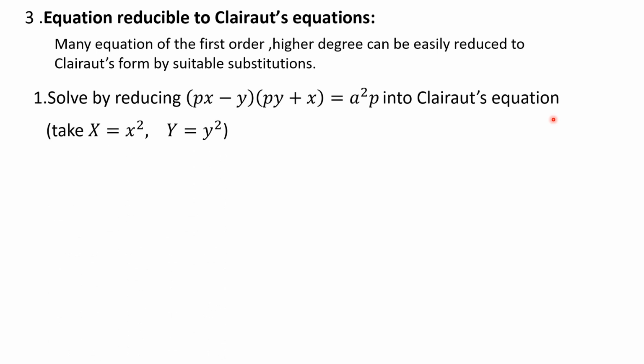Take x square equal to capital X, y square equal to capital Y. That means we change the variable here from small x y to uppercase X Y. So this is the substitution we have to take.